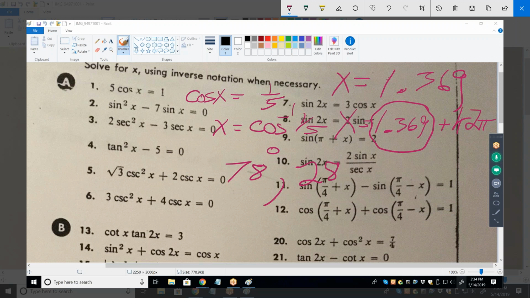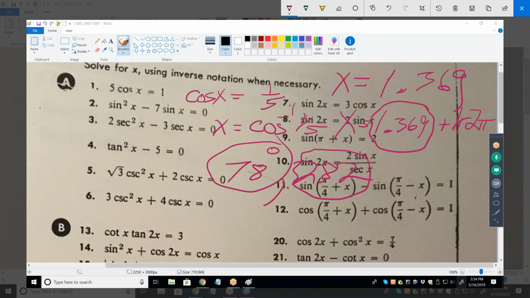Hold on, am I doing my math right? Well, 360 minus 78. That's right, 282. In other words, that's the fourth quadrant angle, where the cosine of 282 is a positive 1/5, and the cosine of 78 degrees is a positive 1/5.